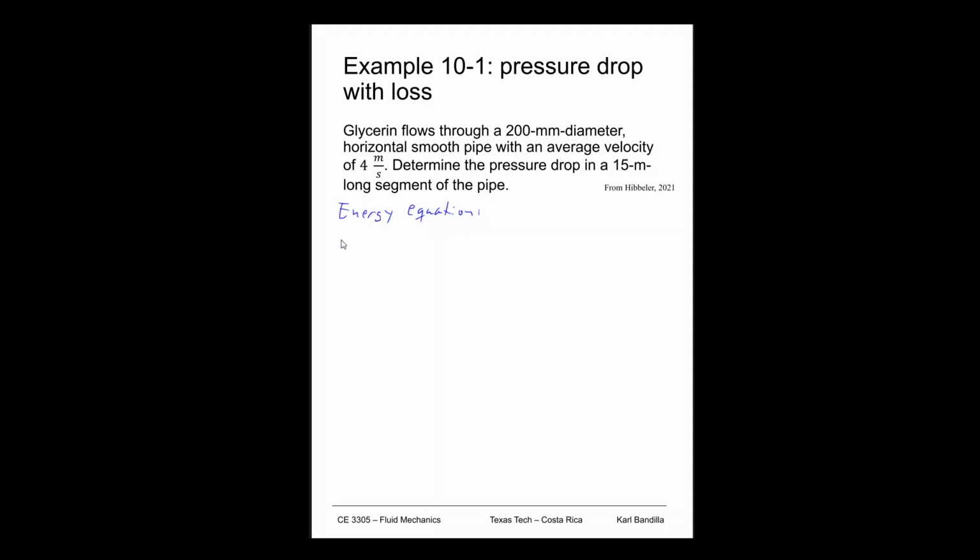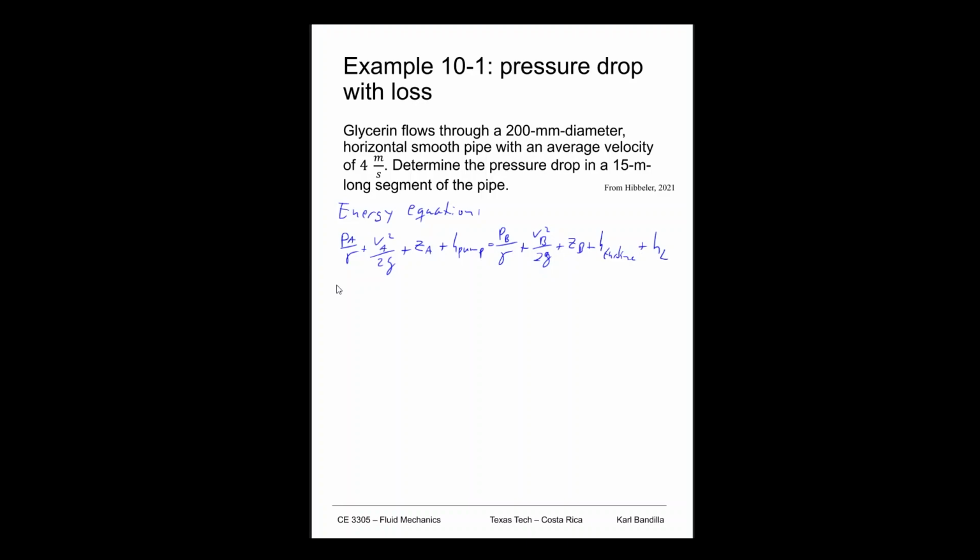And so we'll say that it's going from point A to point B. So we'll say P_A over gamma plus V_A squared over 2g plus Z_A plus H_pump is equal to P_B over gamma plus V_B squared over 2g plus Z_B plus H_turbine plus H_loss.